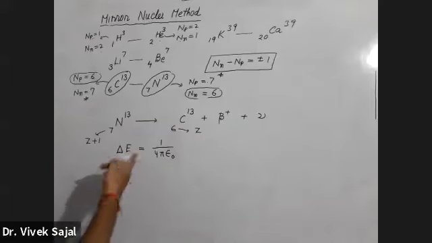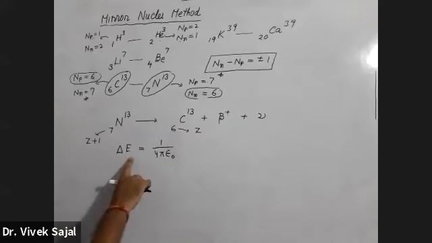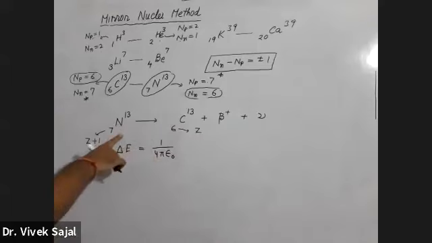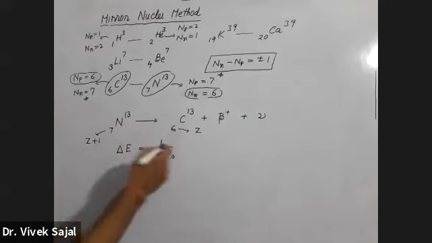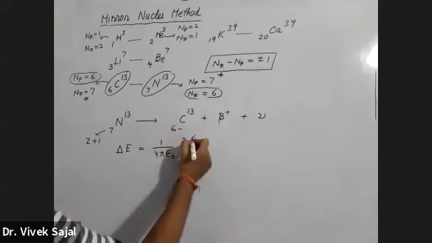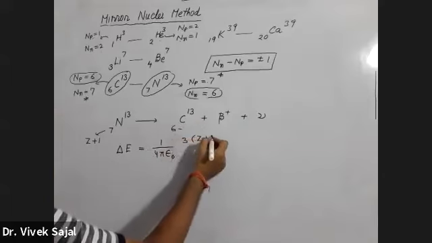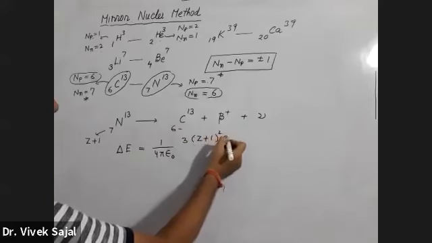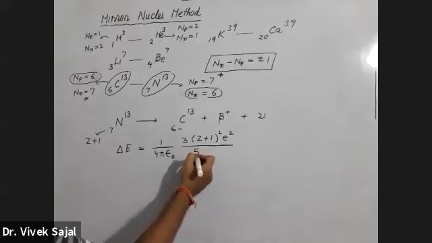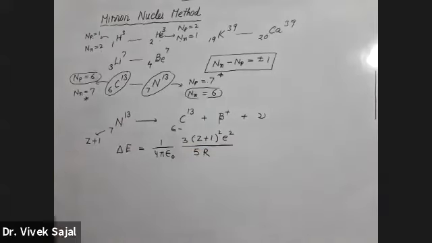So that Q value, or the energy released in the system, will be equal to 1 upon 4 pi epsilon naught. First write for this one: 3 Z plus 1 square E square upon 5R, if R is the radius of the nucleus.